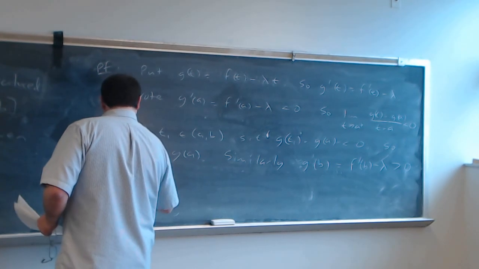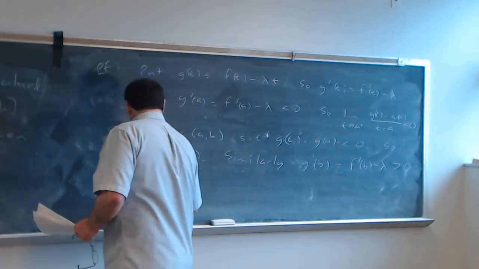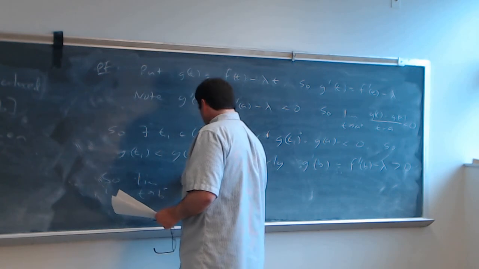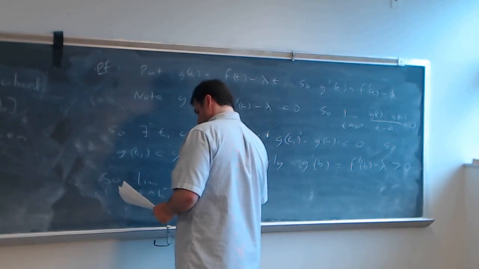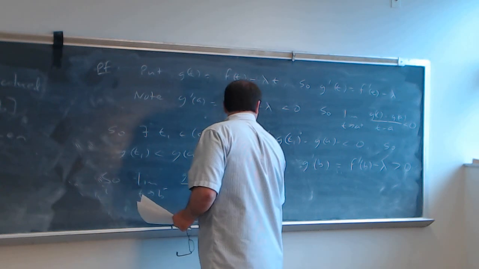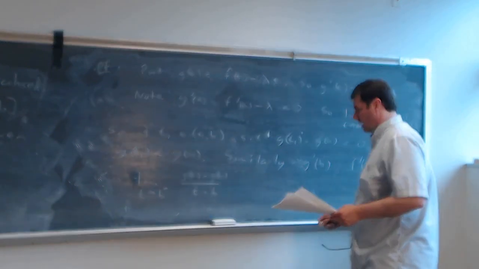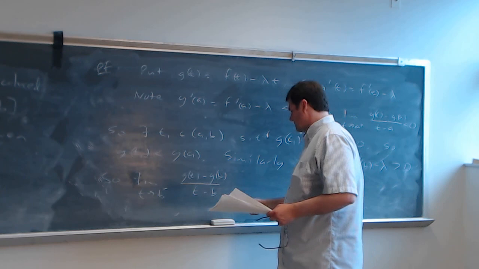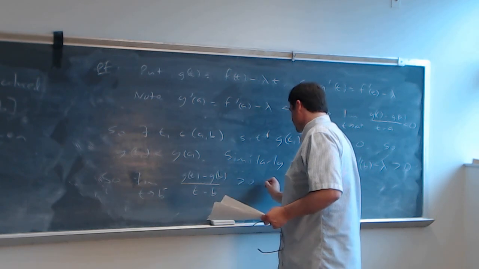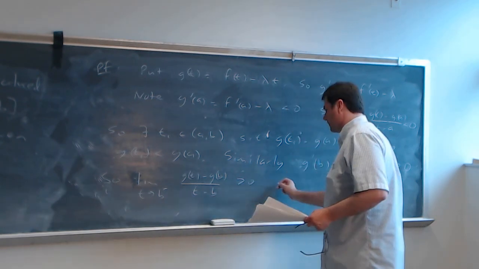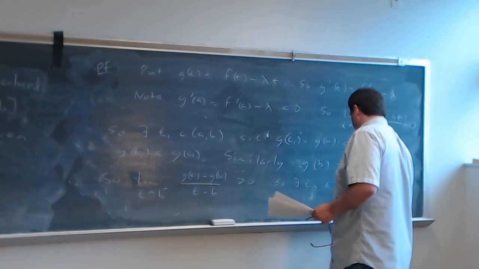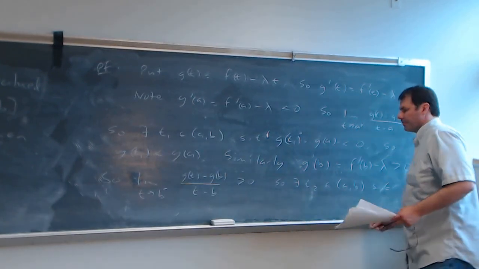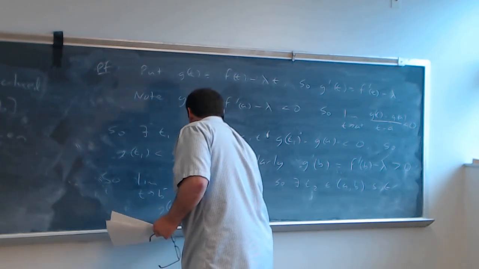The limit as t goes to B from the left of g of t minus g of B all over t minus B, that's that derivative. It's going to be positive. But the denominator t minus B is negative. So there exists a t sub 2 in A to B such that the numerator has to be negative. So g of t sub 2 is less than g of B.